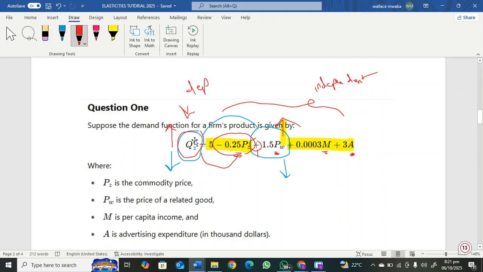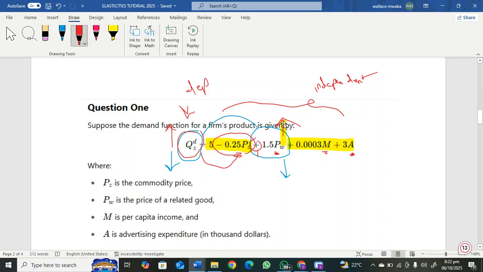If we look at the relationship between QZ and PW, you have seen there's a plus sign, plus 1.5 PW. If we hold the other variables constant, meaning ignore PZ, M, and A, and just focus on QZ and PW, because of this plus sign, there is a positive relationship between the two variables.